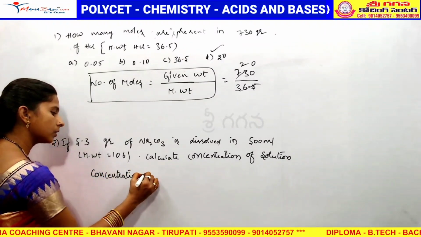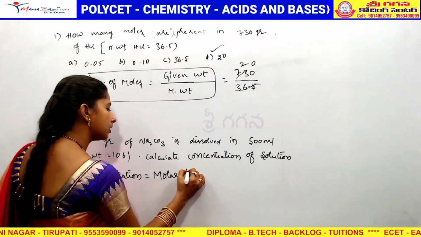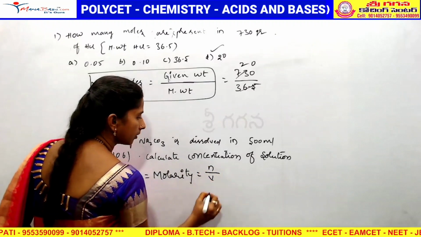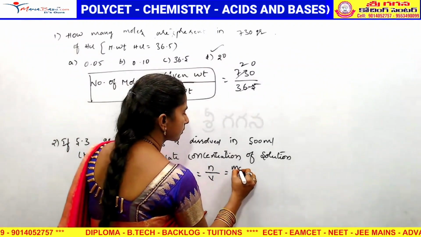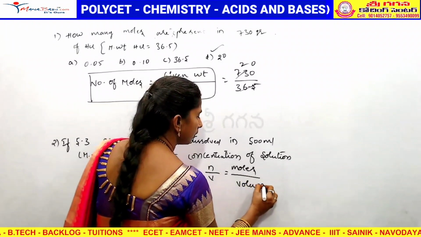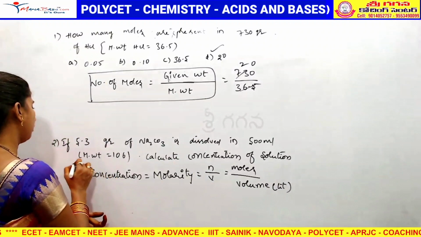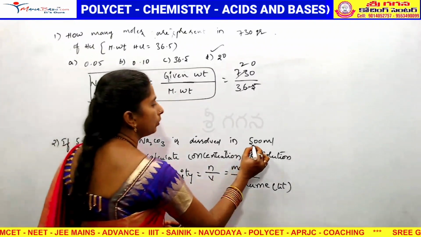Concentration, we are calling it molarity. The molarity formula is N by V, where N is the number of moles and V is the volume in liters. If it is given in ml, we need to convert into liters.